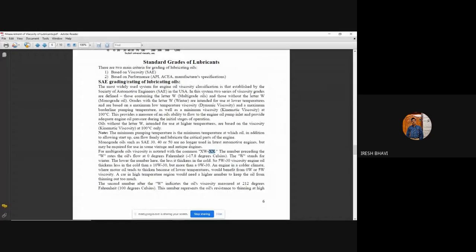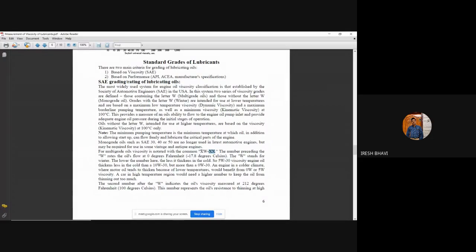So 20 is the rating at 0 degree Fahrenheit and 40 is the rating at 100 degree Fahrenheit. 100 degree Fahrenheit means how much? Somewhere around 40 degrees Celsius. 0 degree Fahrenheit means somewhere around minus 17.8 degree Celsius.